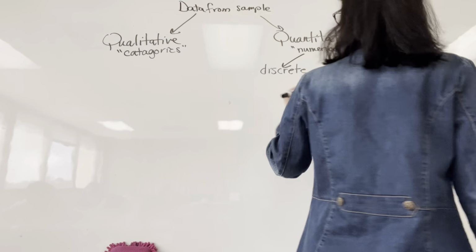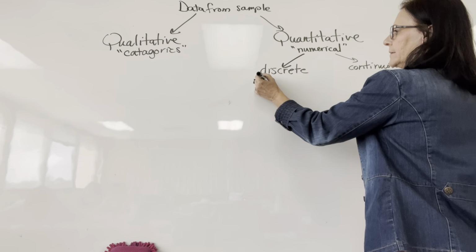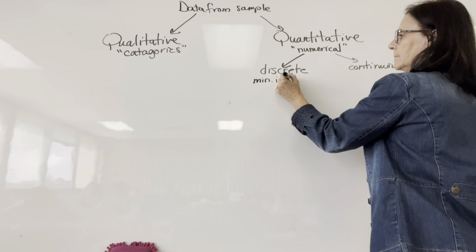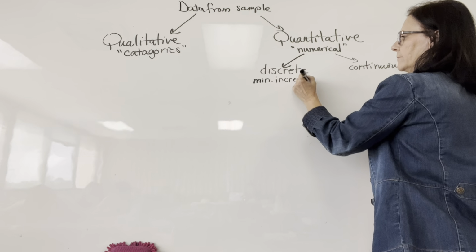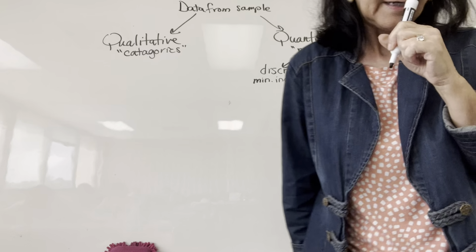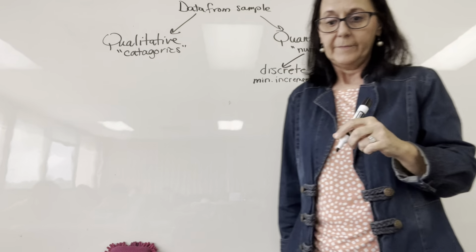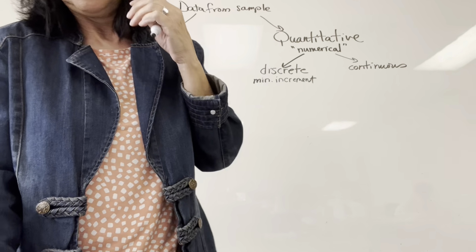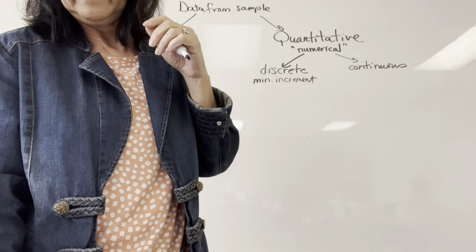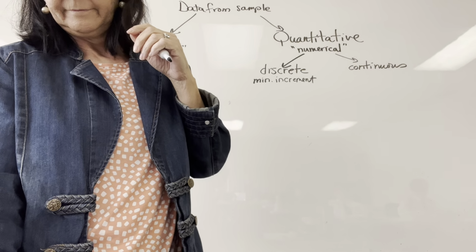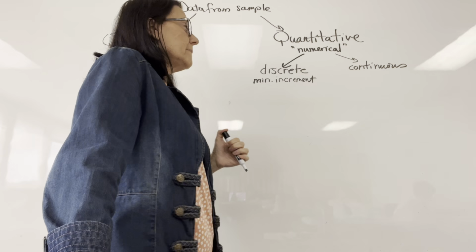If it's discrete, then there's a minimum increment. I don't remember if I spelled that right. I think it's minimum increment. If it is discrete, okay, so there would be a minimum.